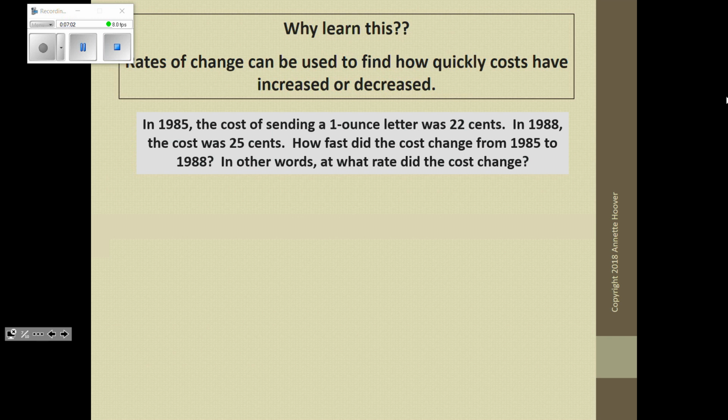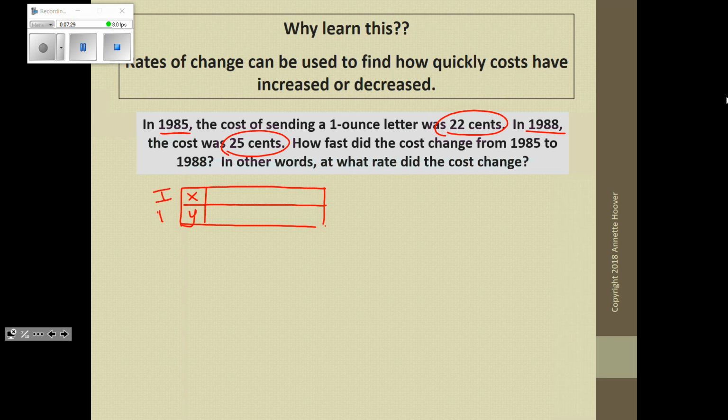In 1985, the cost of sending a 1-ounce letter was 22 cents. In 1988, the cost was 25 cents. How fast did the cost change from 1985 to 1988? If you think back a couple of lessons, we had to figure out which was the independent and which was the dependent variable. And we said that the x was the independent and the y was the dependent variable.